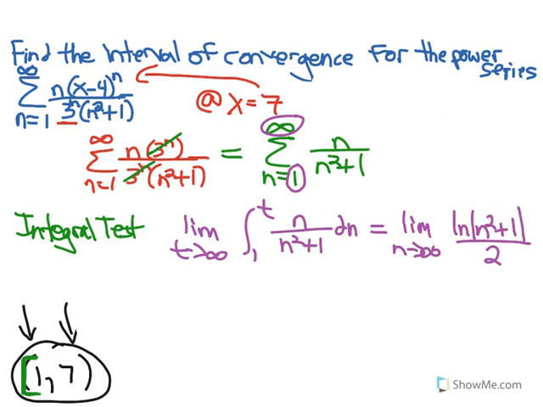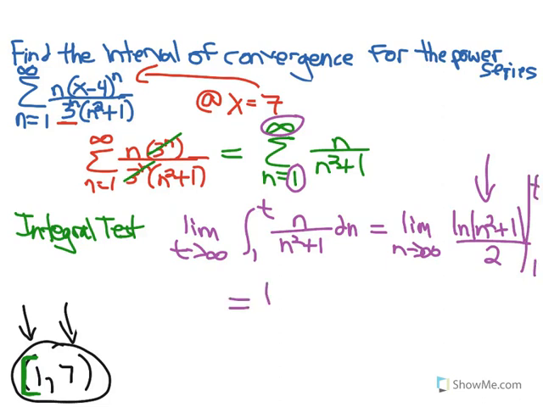If you can't see this right away, you can do u substitution, where u equals n squared plus 1, the bottom, and then you would easily see that we'll get a ln function here. Again, we can check this by taking the derivative and making sure we're good. So the derivative of this is 1 over n squared plus 1 times the derivative of what's inside, which is 2n, then you're dividing by 2. And we're still taking this from 1 to t.